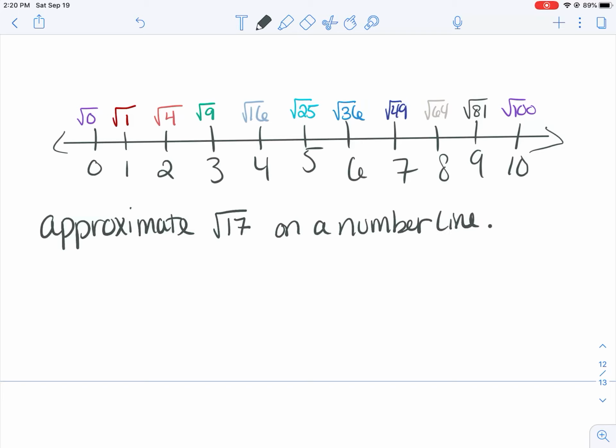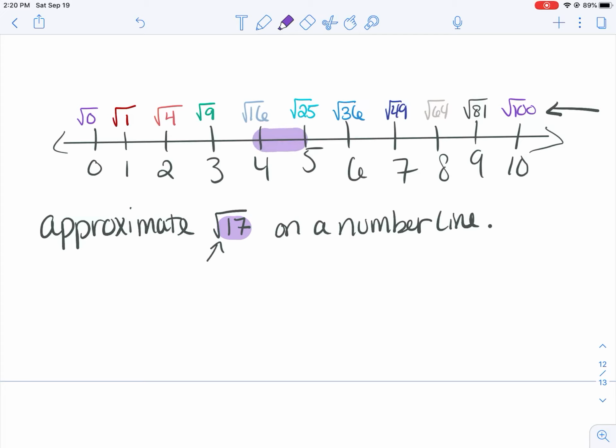When you approximate, when you're comparing values, you want to compare them in the same form. So since I'm given a radical here, I'm going to look at the values that are written as radicals because they're written in the same form. And that's going to be very helpful for me when I'm trying to estimate where it falls. Well, 17 is between 16 and 25.